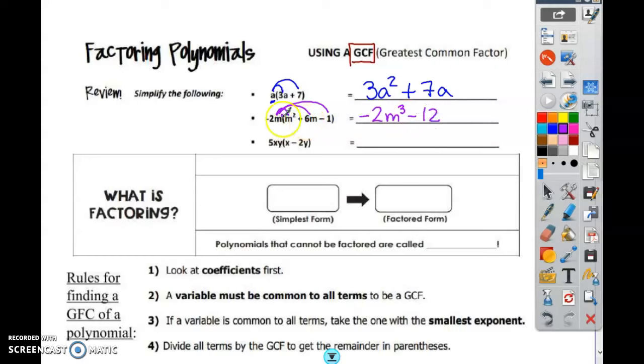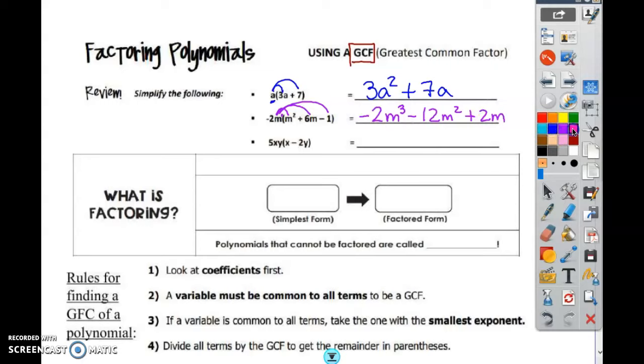I have an m right here. M times m is m squared. And then negative 2 times negative 1 is a positive 2, and it only has an m, so I can put an m there. That means all of these have an m, at least one m that I can take out, and all of these can be divided by negative 2.